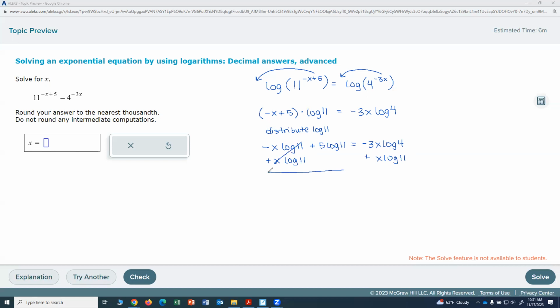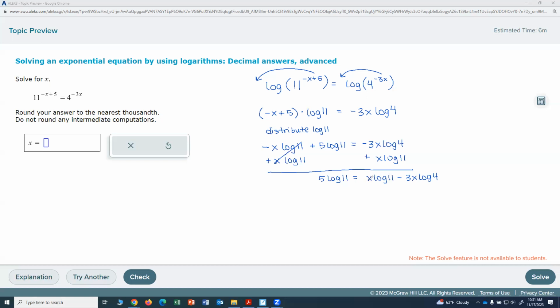And so on the left side of the equation, I end up with 5 log 11. And on the right side, I end up with x log 11 minus 3x log 4.